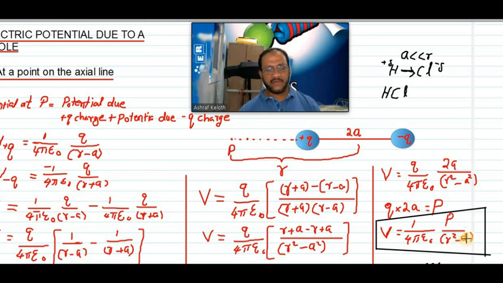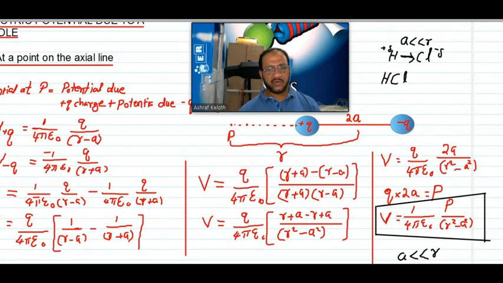Then what will happen? If you neglect A in this equation, half of the length of the dipole axis, then the equation becomes V equal to 1 by 4 pi epsilon naught P by R square. This is for an ideal dipole.